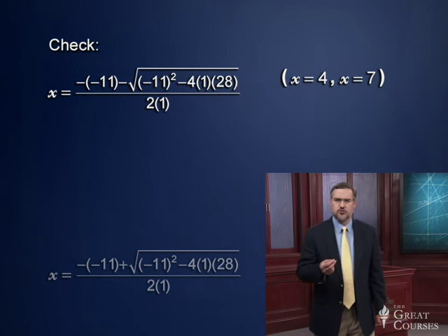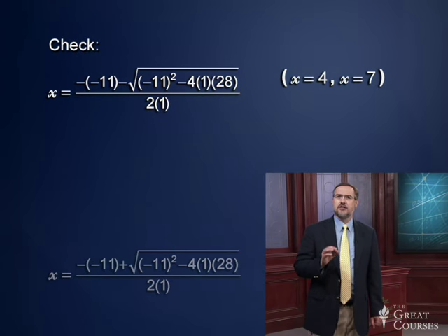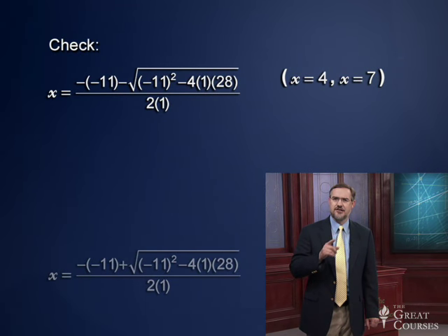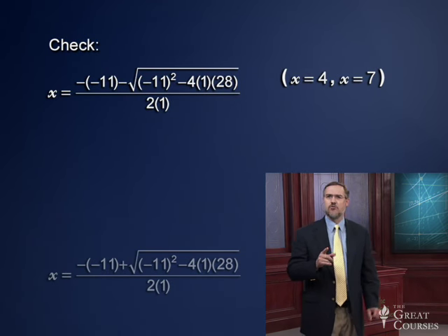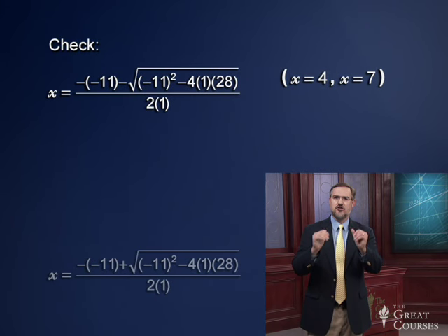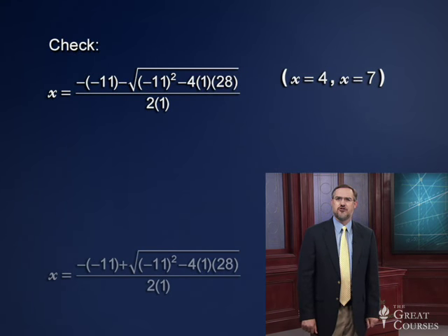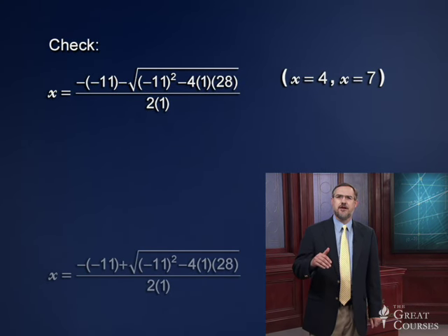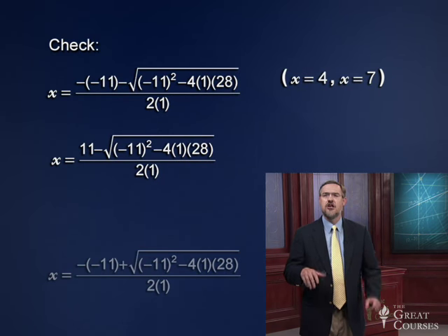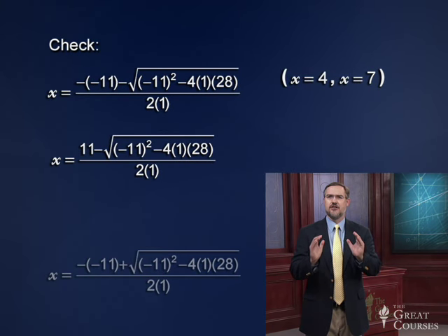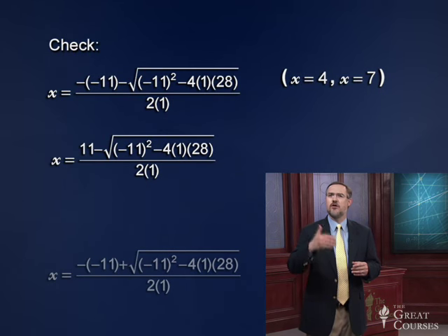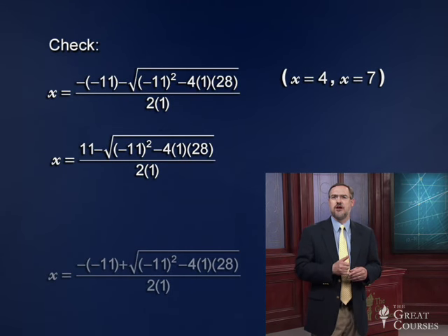So the other solution that the quadratic formula tells us we have is x equals the negative of negative 11 minus square root of negative 11 squared minus 4 times 1 times 28 divided by 2 times 1. And that simplifies to 11 minus the square root of negative 11 squared minus 4 times 1 times 28 divided by 2 times 1.